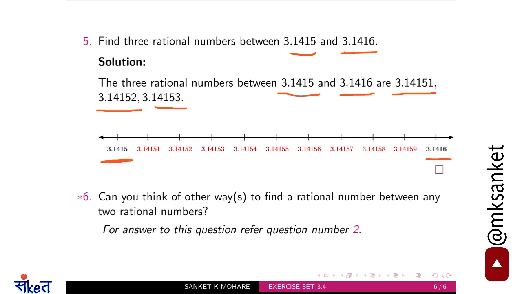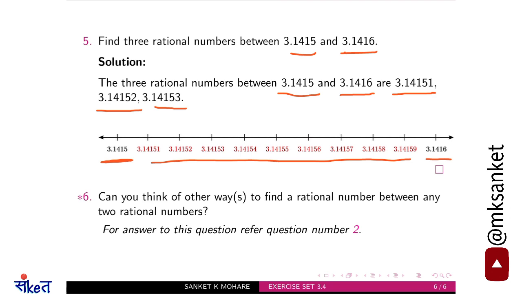After 3.14159, if we add 1 here, everywhere we are adding 0.00001, meaning here 1, here 2, 3, 4, 5, 6, 7, 8, 9. If we add 1 to this one, we'll get again 3.1416. That number we will get. So these many numbers are there in between 3.1415 and 3.1416.